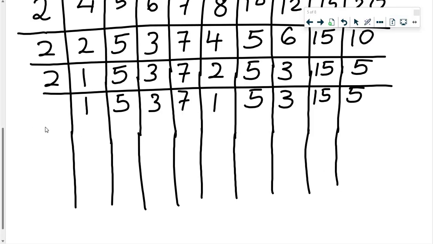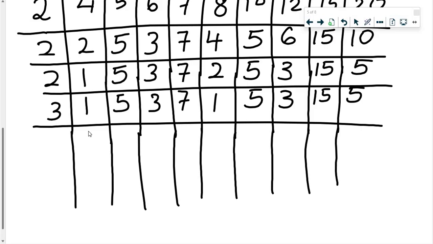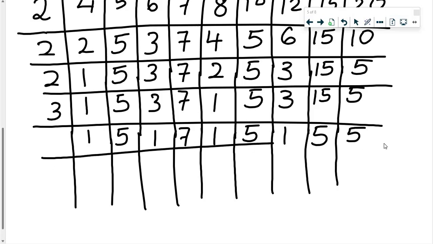Can't go by 2, so what do we do by 2? Not so. By 3: 15 divided by 3 is 5. Here 5, not possible, so 5. Can it go by 3? No, by 5.